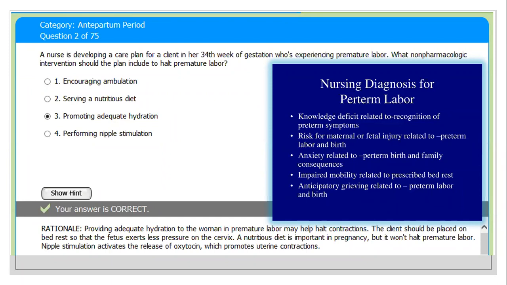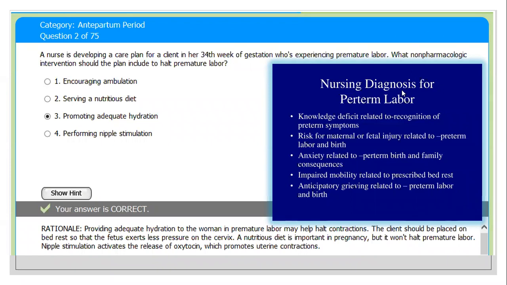A normal pregnancy lasts 40 weeks, and there may be no reason, or in some cases the mother's medical condition results in early delivery. As I told you, if the baby is delivered before 37 weeks of pregnancy, we call it preterm. A preterm baby, mother and baby, need some extra care.